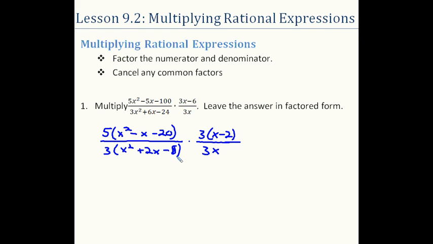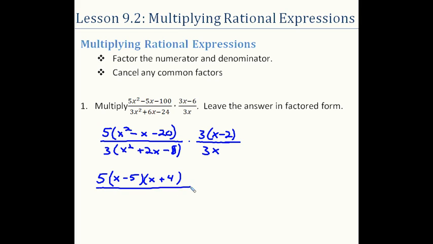We can continue to factor this first fraction, these trinomials. This first one, we want factors of 20 that subtract to equal -1. Well, an x minus 5 and an x plus 4 will give us that.